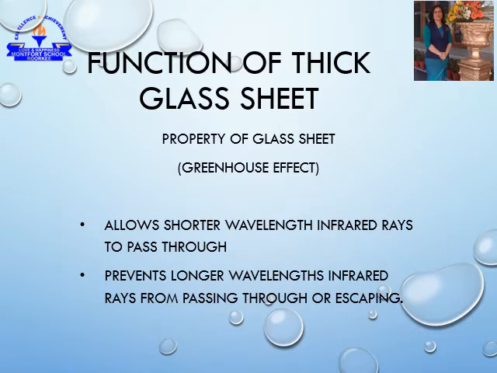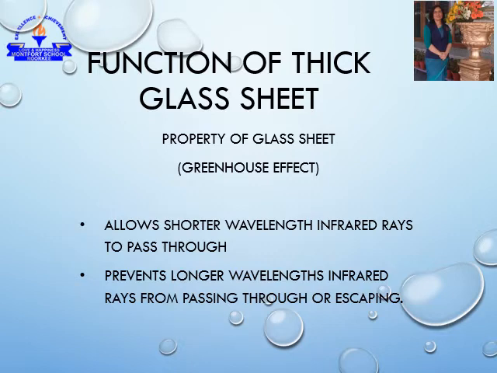Can you answer me a question, students? Why do we keep this glass sheet cover on the top of the solar cooker? You know that this glass sheet has a peculiar property. And what is that property? It allows shorter wavelength infrared radiations to pass through it, but it prevents longer wavelength infrared rays.